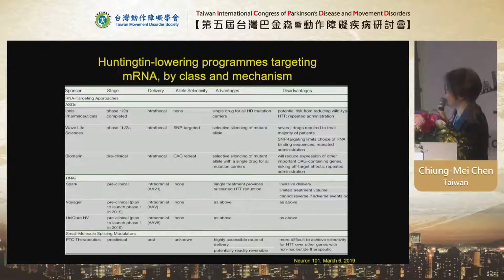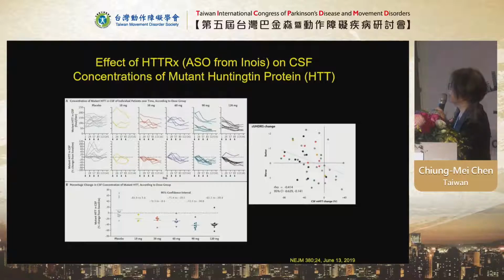There are also small molecule splicing modulators to modulate the splicing site, but they are only in preclinical study. This one is an ASO from Ionis Pharmaceutical, called HTTRX.